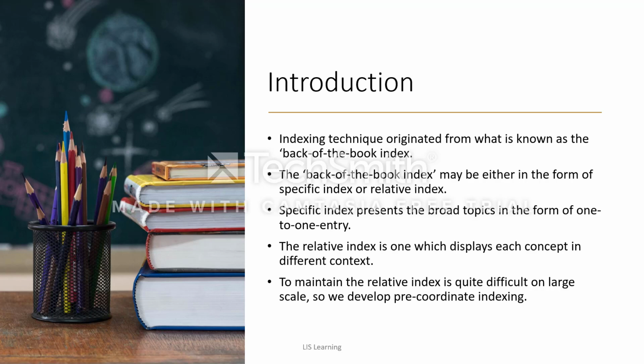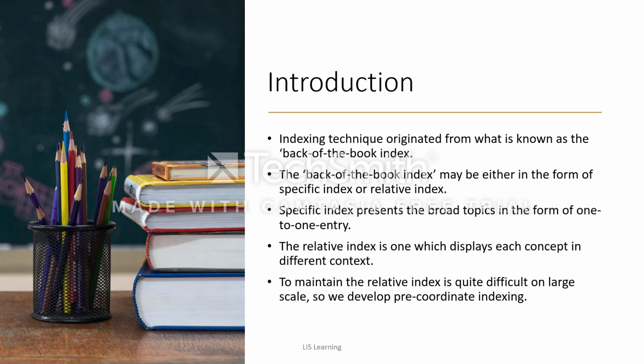If we see, the back of the book index is the oldest one, we can say that it is the father of all indexing techniques. The back of the book index may be either in the form of a specific index or relative index. Specific indexes are those broad topics which have one to one entry, meaning one concept is described by one entry, whereas relative index displays each concept in different contexts.